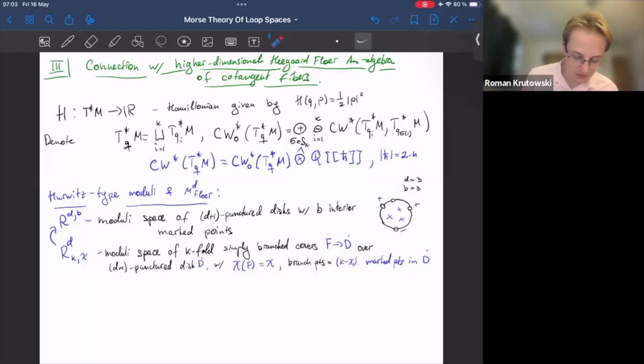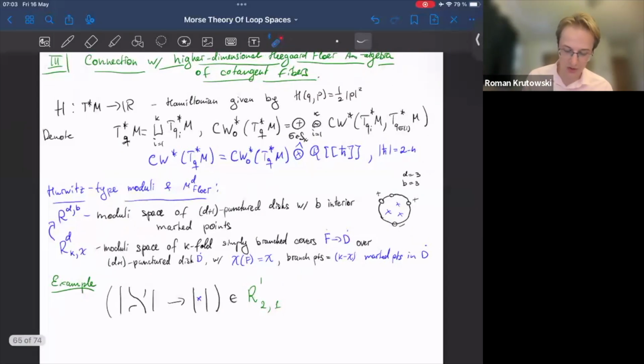Therefore, if you set B to be equal to kappa minus chi, you get a natural map which forgets the domain. So here is a cartoon of an element of this moduli space.